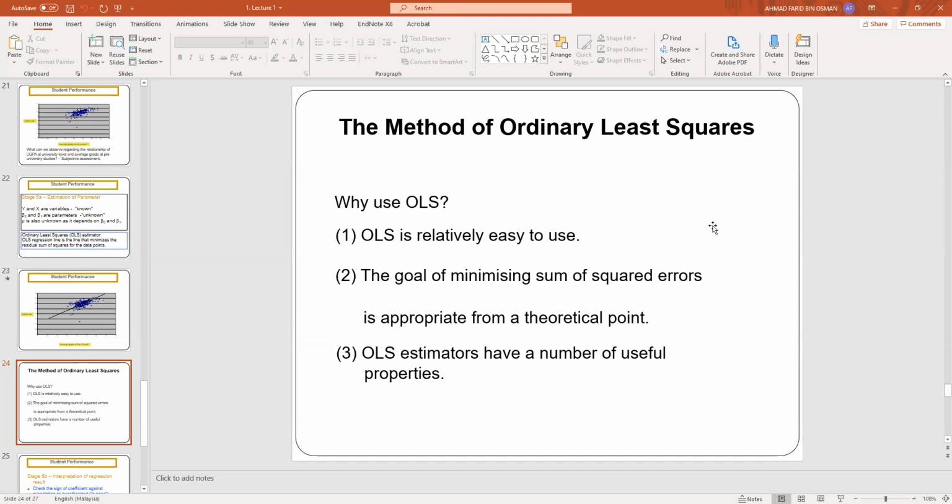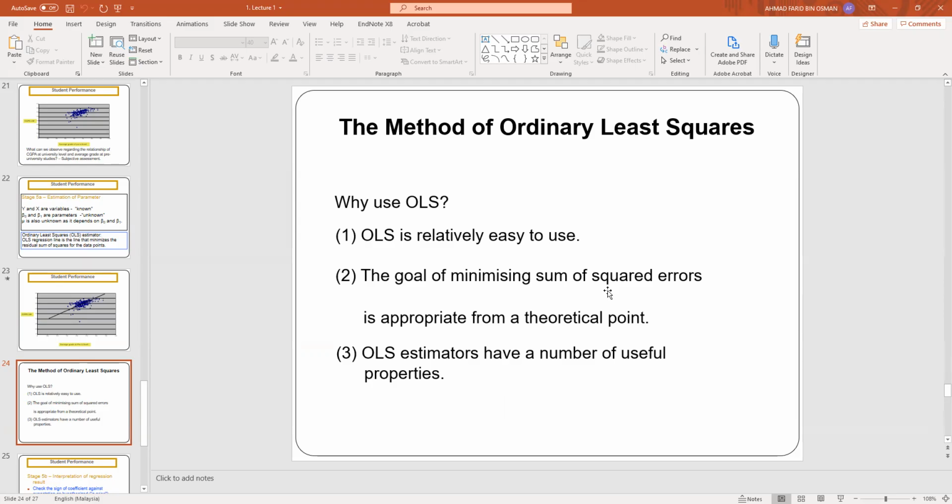So if our prediction is close to the actual value of y, meaning that our error must be a small value. That's why we want to minimize the error.